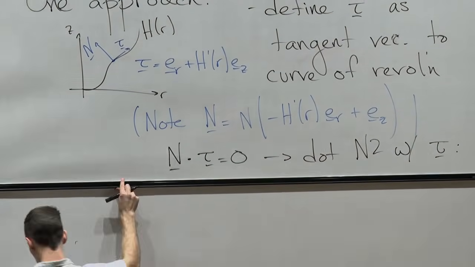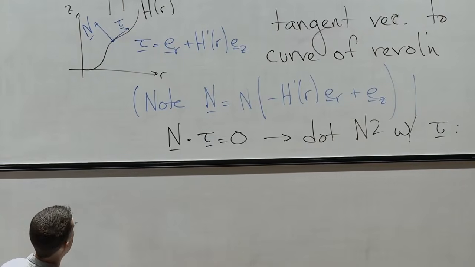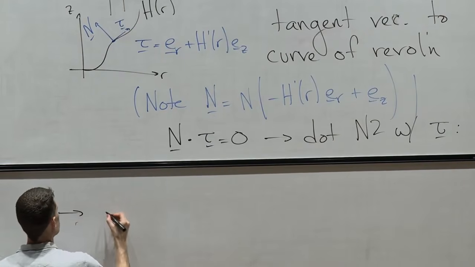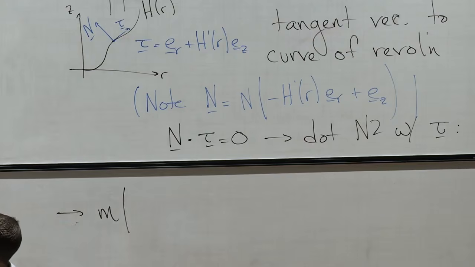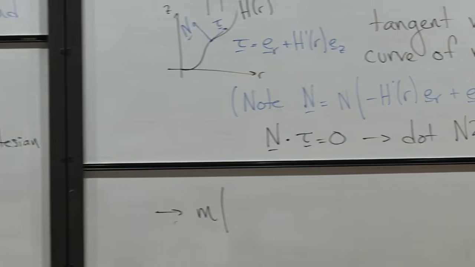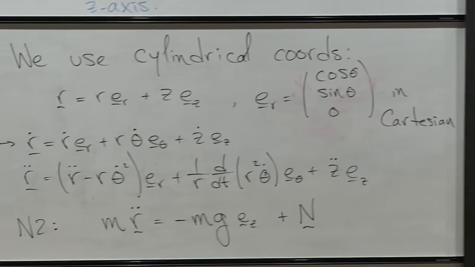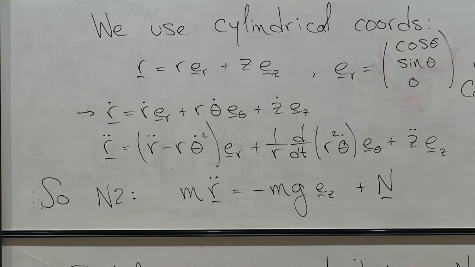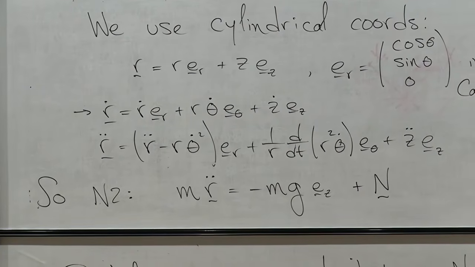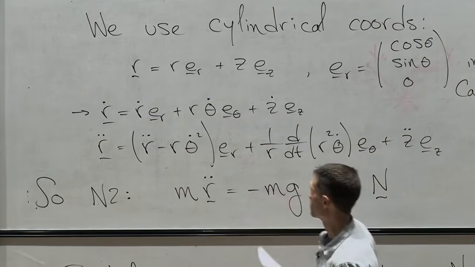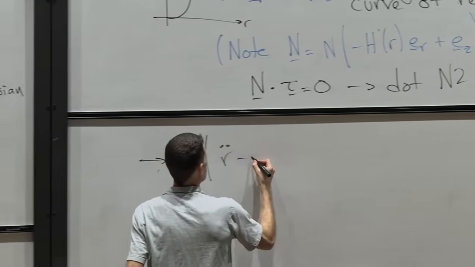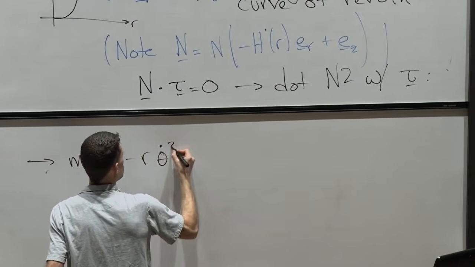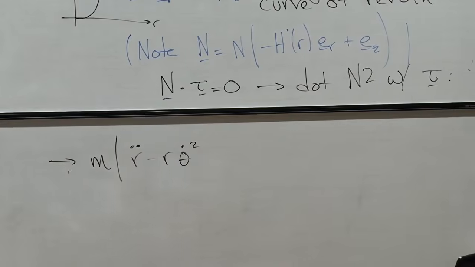So that gives me, I'm going to take this thing and dot with tau. Tau is an er and an h prime of r ez. So I just get r double dot minus r theta dot squared, and then that goes away.